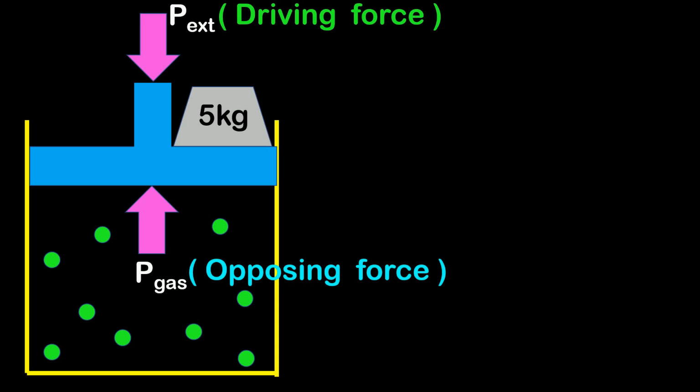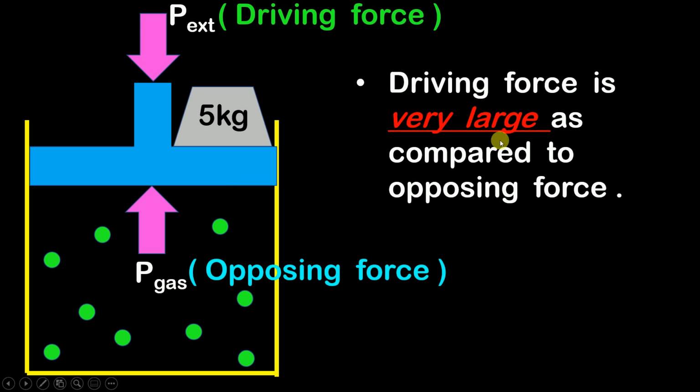Now since the external pressure increases by a large quantity, can I say that the difference between the external pressure and the pressure of the gas will also become large? So in other words, can I say this driving force is very large as compared to the opposing force?